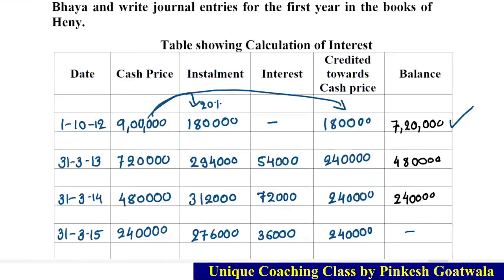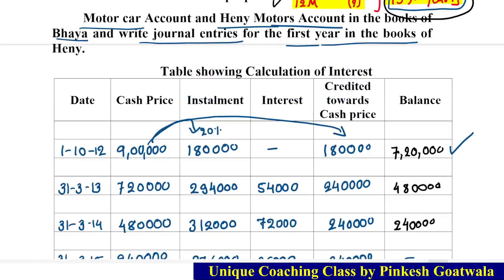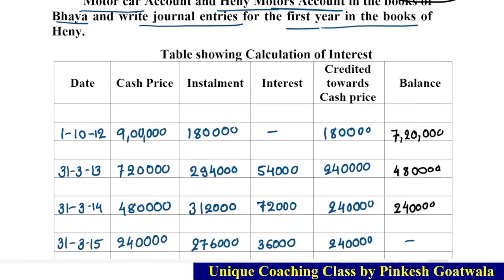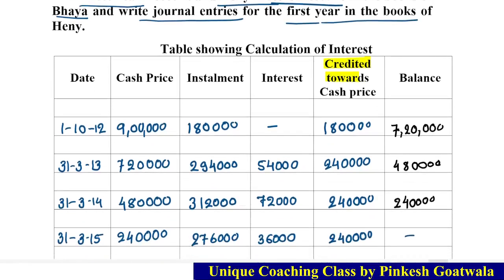Before solving that, I want to tell you one thing. You can check it in every sum. Whatever point I am going to tell you, it is the total of this credit towards cash price. I told you when we started the chapter, the actual payment, the net payment, we show in this column, credit towards cash price.